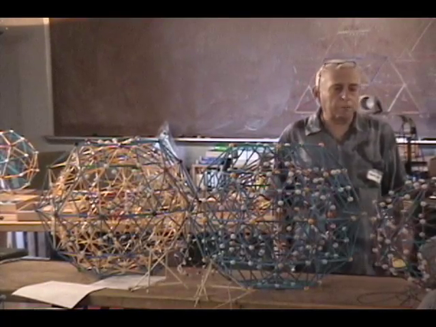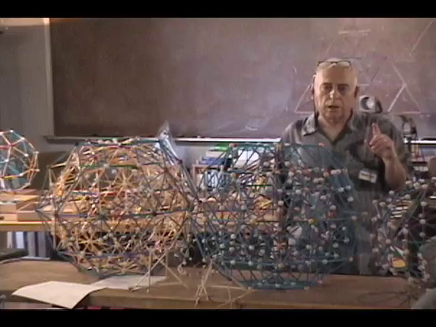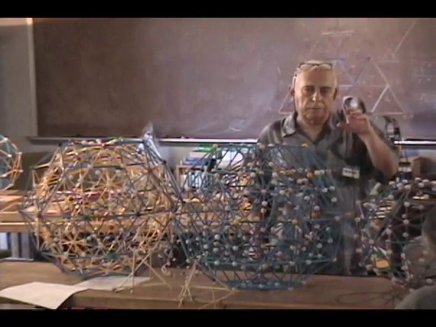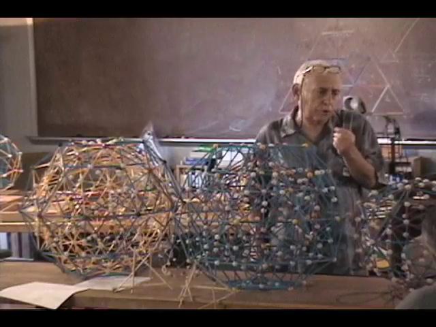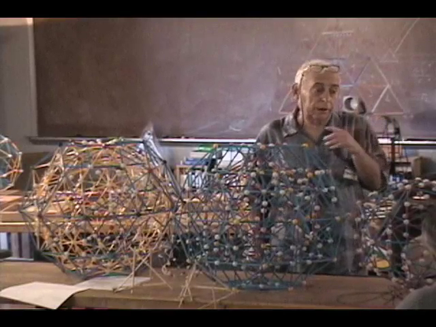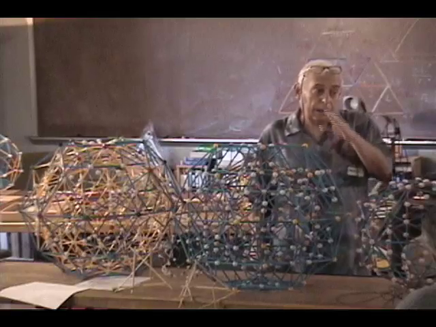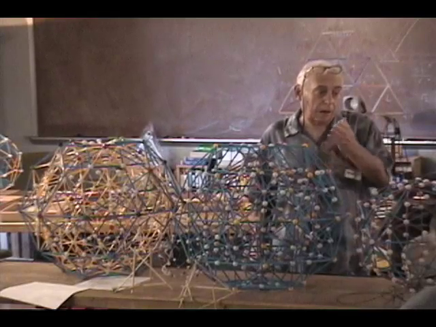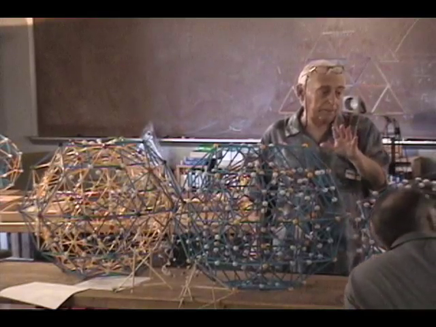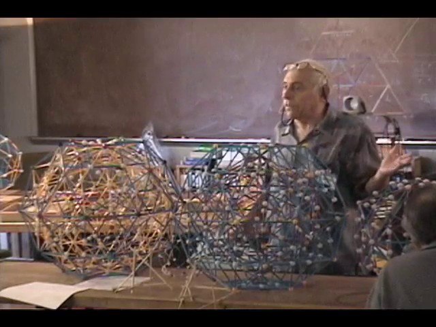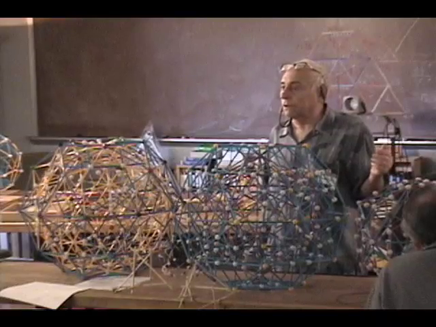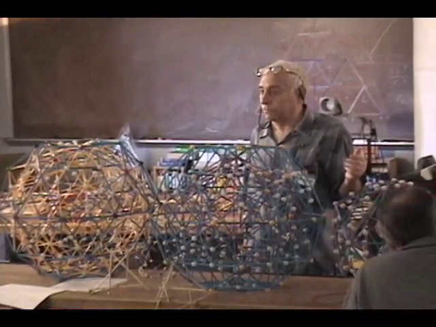I mean, a compound 5 is 5 polyhedra around a common center. So the compound 5 cube is well known. If you just take a regular dodecahedron and connect its opposite neighbors, you'll get a pentagon inside each one of the 12 faces, and that would be 5 cubes.